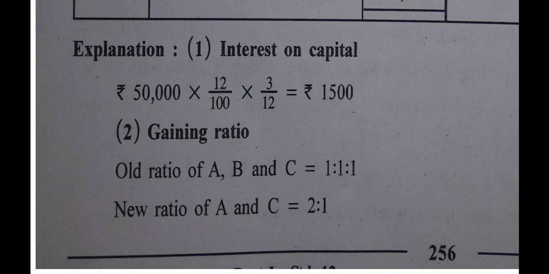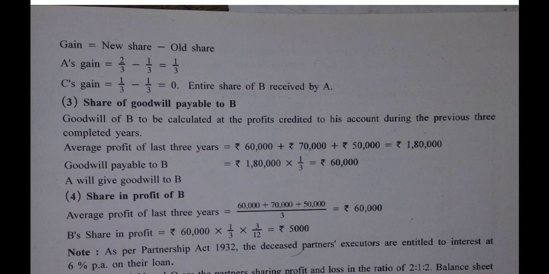Please pay attention to the working notes. The 4th working note. They say the share in profit is to be given on the basis of last 3 years' average profit. So it is 60,000. Now 60,000 is the average profit.